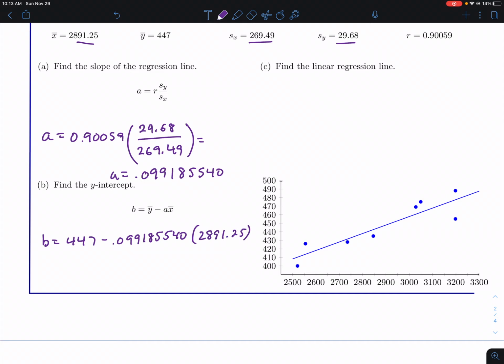Let's do the multiplication first, which gives us 286.7701927. Then 447 minus that, and we get that B is 160.229807.